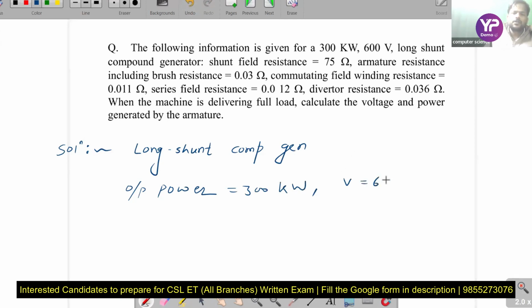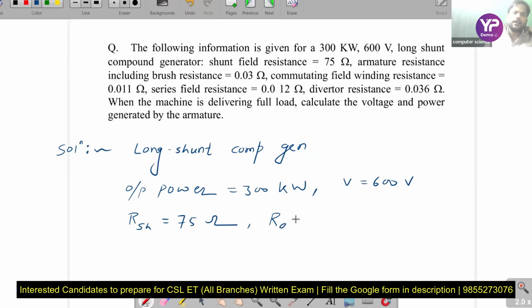Terminal voltage is 600. Shunt field resistance RSS is equal to 75 ohm.